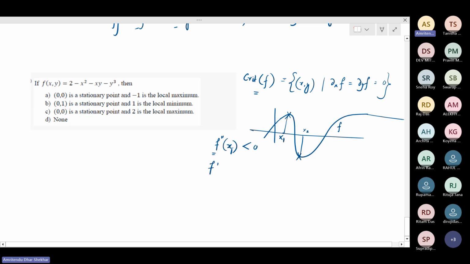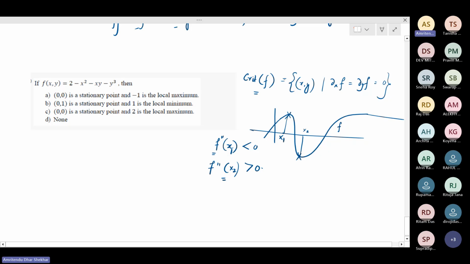If f double dash of x2 over here is positive, then I say that x2 is basically a minimum.